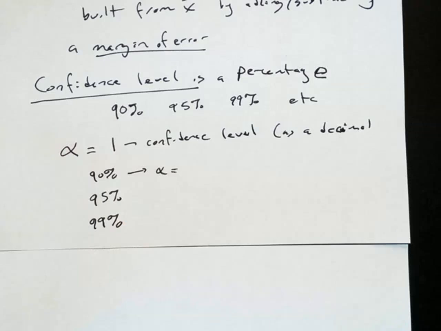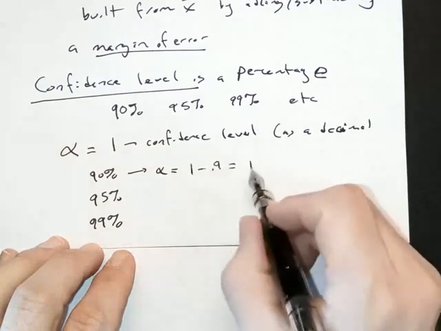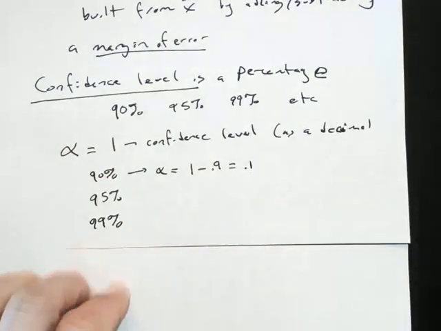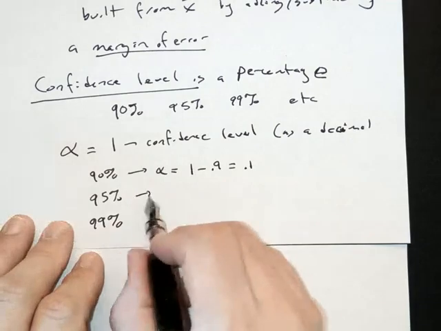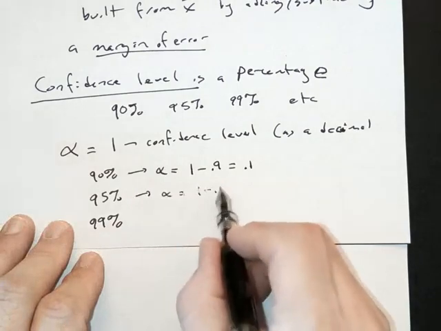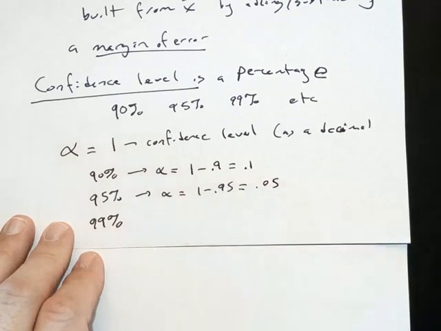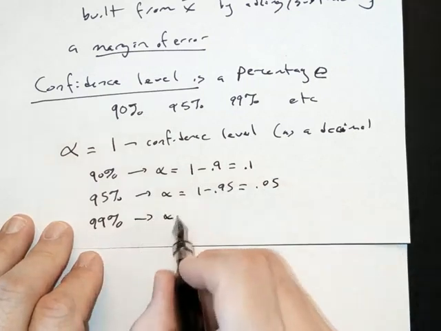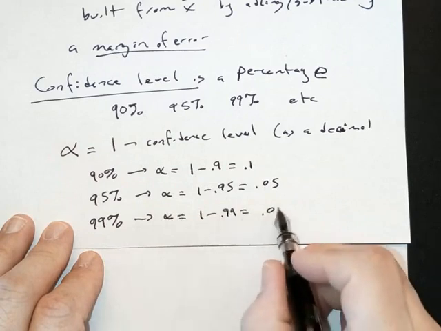But I want it as a decimal. Because I turn the 90% into 0.9, and I get 0.1. Similarly here, I get 0.05. Here, I get 0.01.